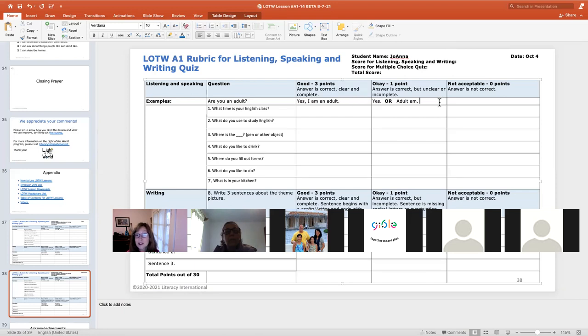If they give a partial answer, but it's unclear or incomplete, if they just say yes, or they say the words but not in the correct order, they say adult am, or they say I, adult, adult me, then they would only get 1 point because the answer is correct, but it's not perfect.